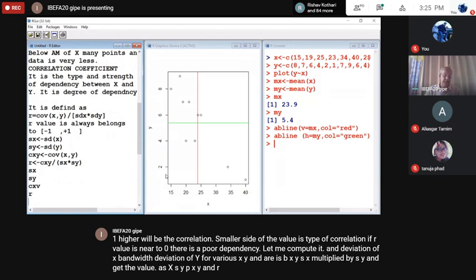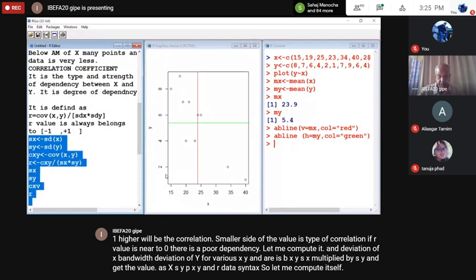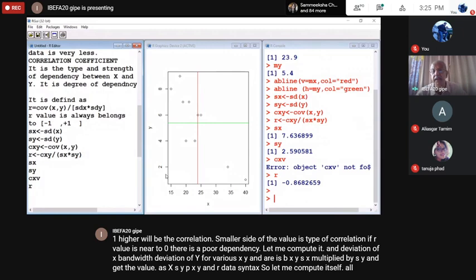See the syntax. So let me compute it now. All the answers are ready.